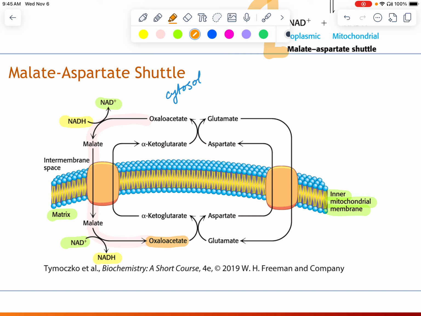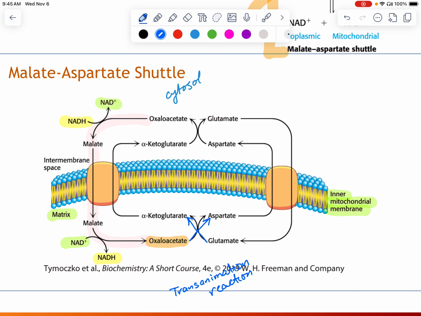And so when we do that, we actually have a process that's called a transamination reaction, where this oxaloacetate gets converted to aspartate, and glutamate to the alpha ketoglutarate.